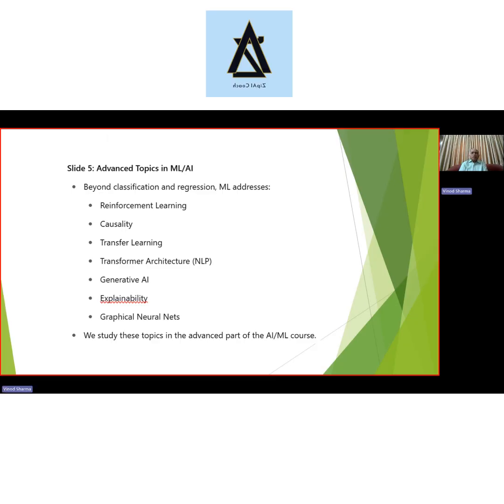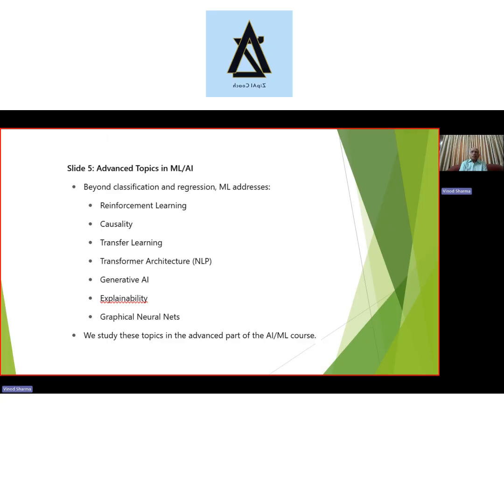So we have explained the three different very popular methods in machine learning for classification and regression. Now there are more advanced topics in ML and AI, which will be talked about in the advanced part of the module. These are reinforcement learning, which is very, very important, and is used for more advanced applications of machine learning and AI.